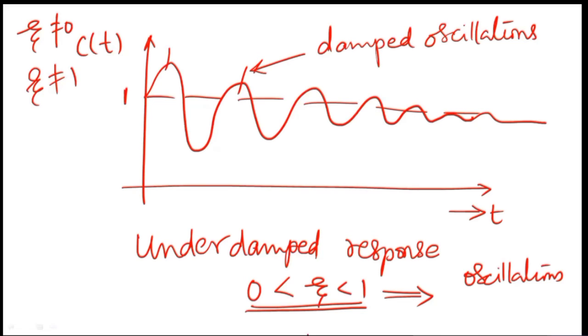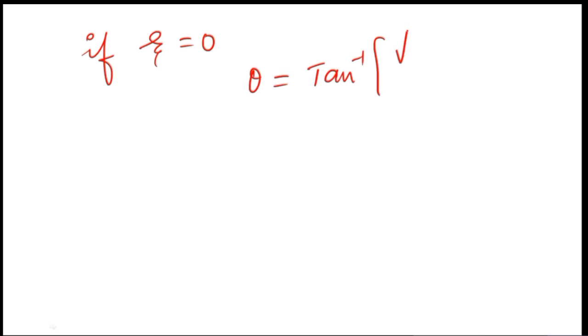Suppose if zeta is equal to 0, then the value of theta is equal to tan inverse of square root of 1 minus zeta square by zeta. So this theta is equal to pi by 2.